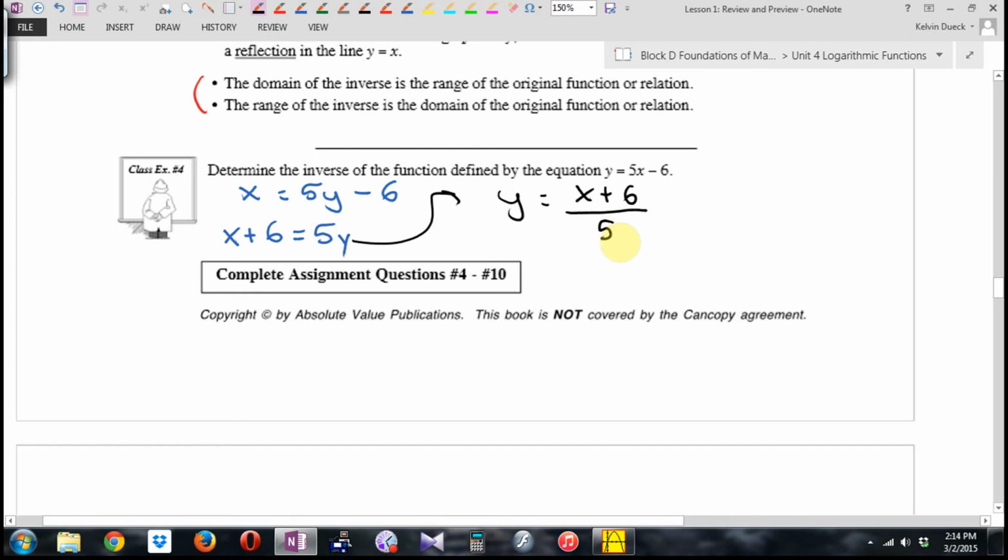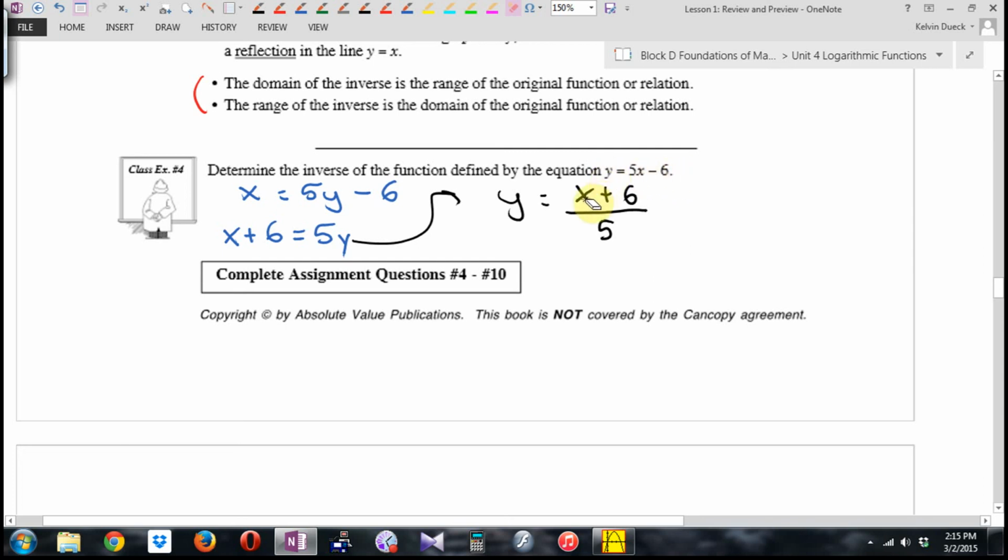Now, if you're right, it means any number that I plug in here and get an answer for, if I plug the answer in, I'll get the number back. Pick a number between 1 and 10. 7. What's 5 times 7? 35 minus 6, 29. So 7 gives me 29.